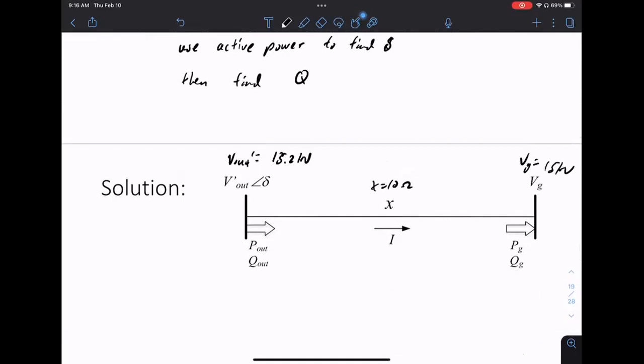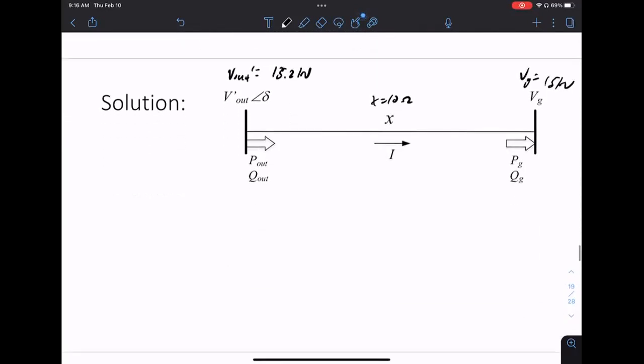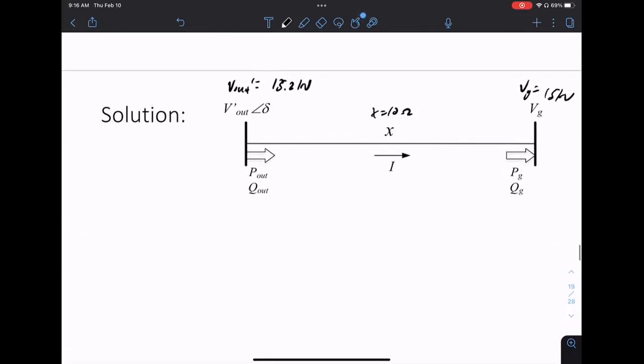Let's first find the angle, then find the active power. The power delivered to the grid is the power captured at the blade times the efficiency, so 1.3 megawatt times 0.77, about 1 megawatt. So that's the power to the grid.